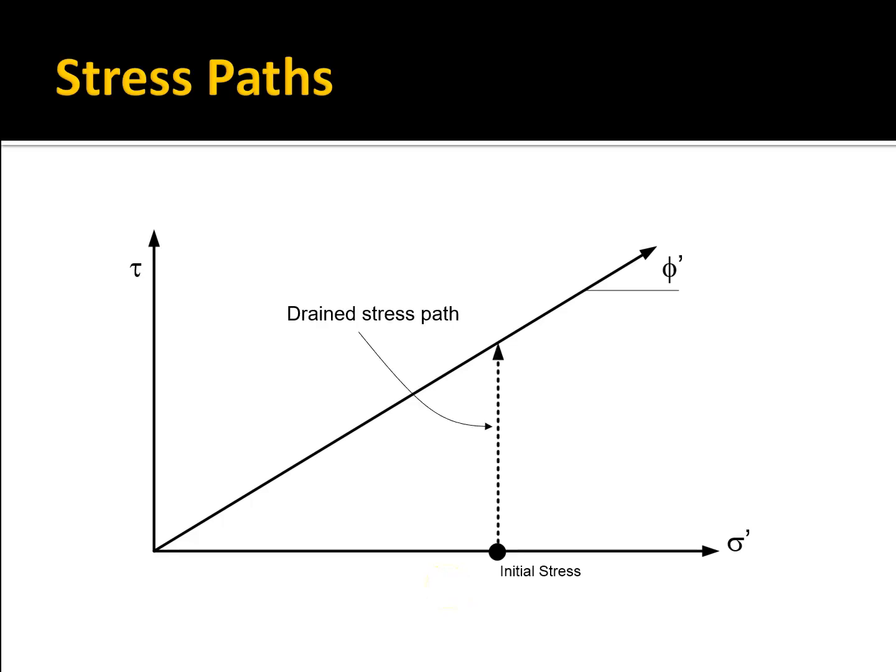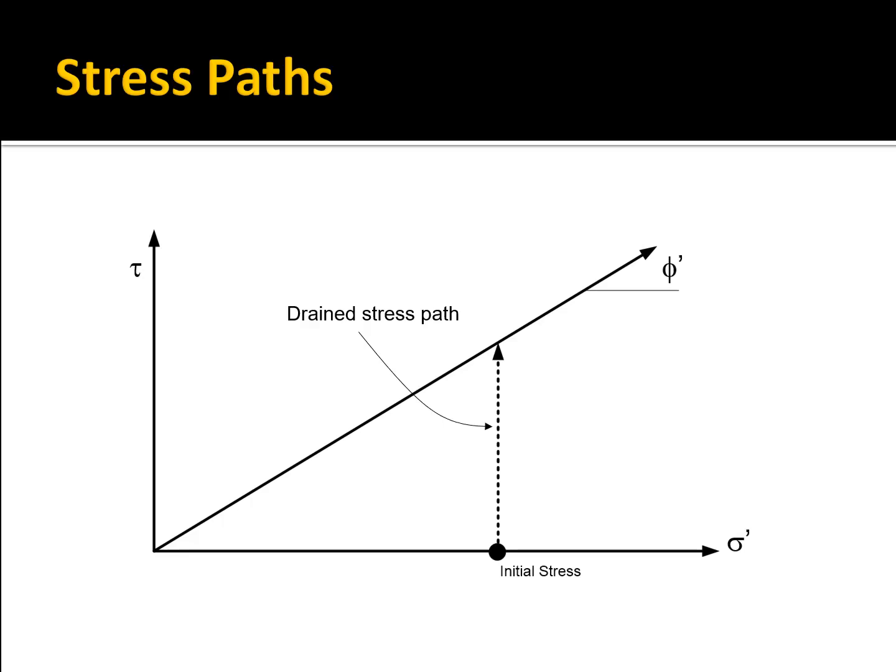What happens? Well, if you have drained conditions, as you apply that shear, the effective stress does not change, and the shear stress gradually increases until it reaches this failure envelope, and then it fails.